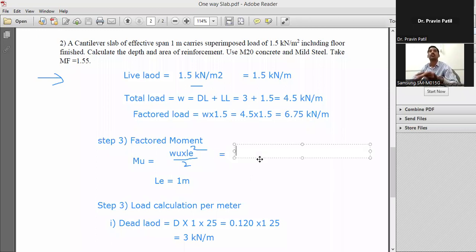So Wu is 6.75 into 1 square divided by 2.